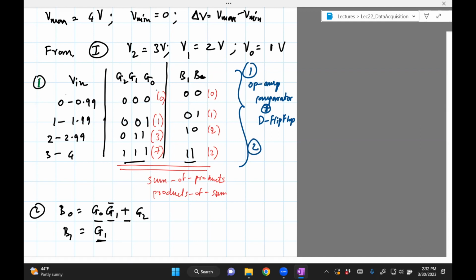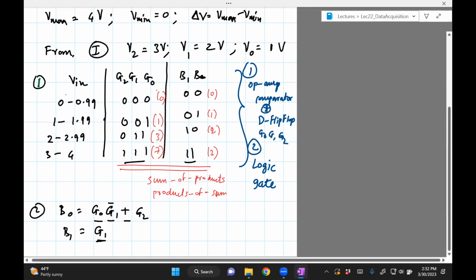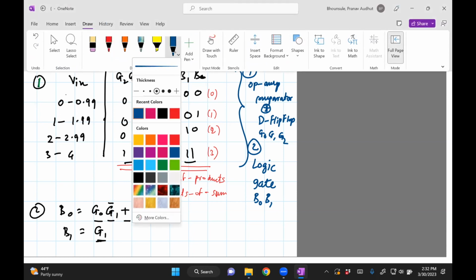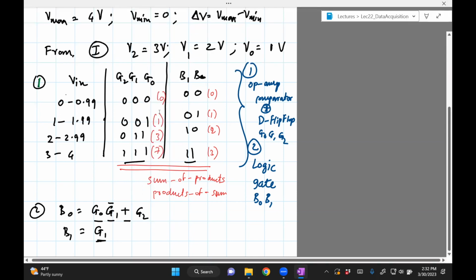The second step was using logic gates to convert them to B1 and B0. So the first step gave us G0, G1, G2, and this step gave us B0 and B1. So here is a way in which you can convert analog signals to digital signals just using op-amps, flip-flops, and logic gates.